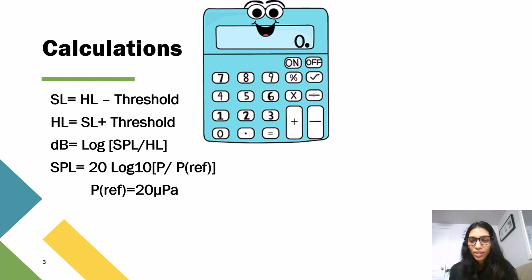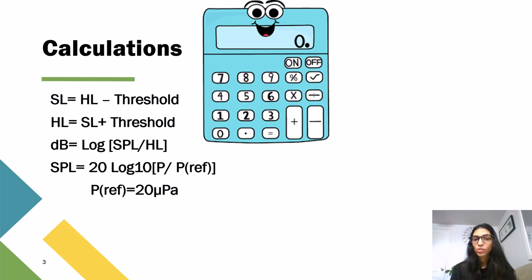When coming to calculations, these are just a few formulas. So if you know the sensation level, when we say sensation level, it is how loud the sound is for this person. In order to calculate the sensation level, if you know the threshold of a person, you can subtract the threshold from the level at which they heard the sound.